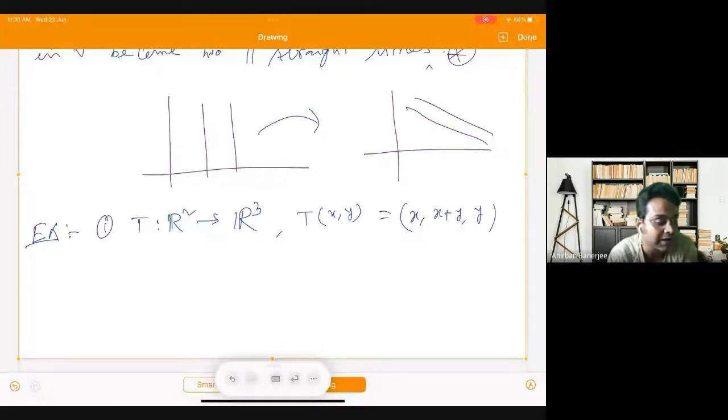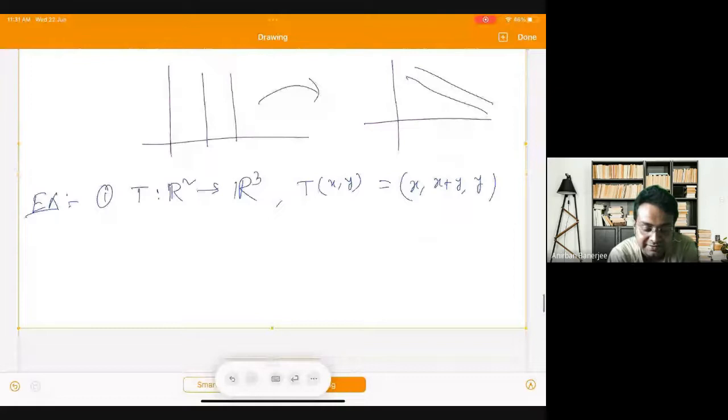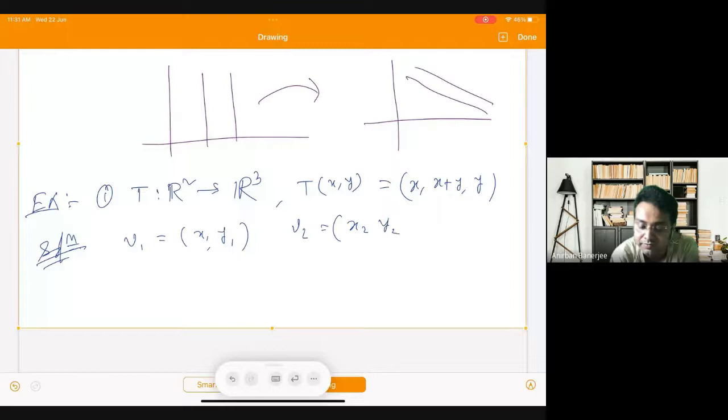Okay, and we have to figure out whether this is a linear transformation or not. So let's take two vectors from R2. The coordinates are x1 comma y1, and v2 the coordinates are x2 comma y2.